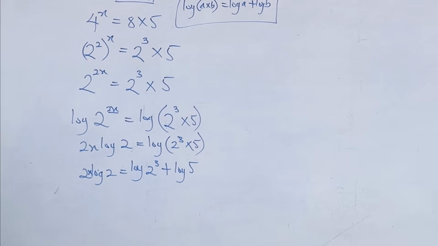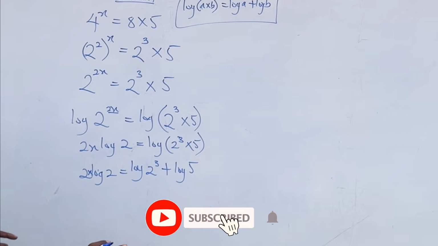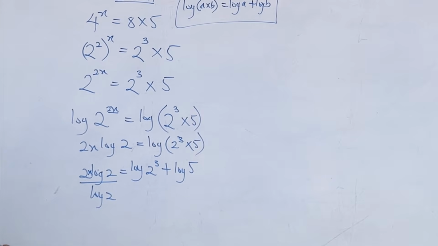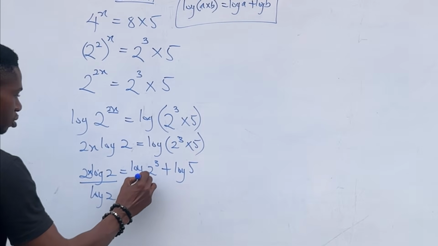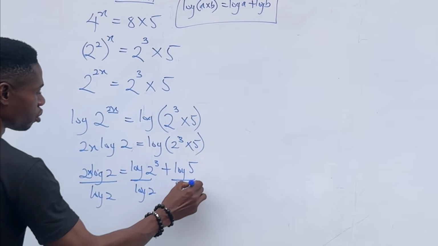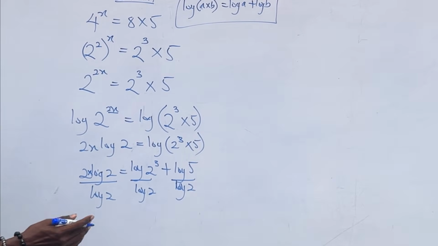Good. Now at the end of the day, we have to find x. To make it easier, let's first of all divide throughout by log 2. So we have 2x left, since log 2 divided by log 2 gives way. I divided throughout by log 2 so that this can give way.